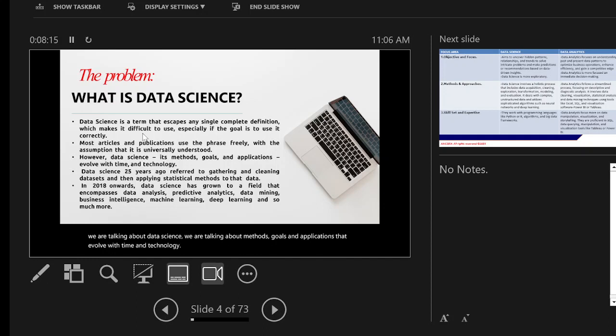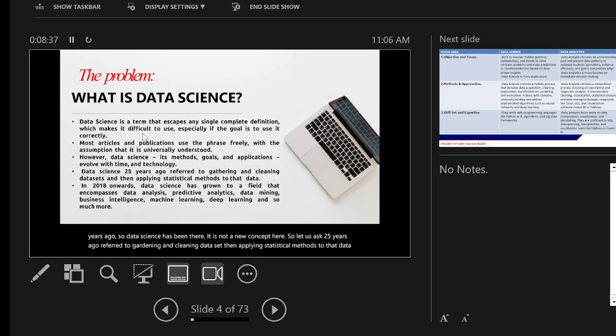Meaning that data science, as you see in the second last point, has been there 25 years ago. It is not a new concept. Data science 25 years ago referred to gathering and cleaning data sets, then applying statistical methods to that data.